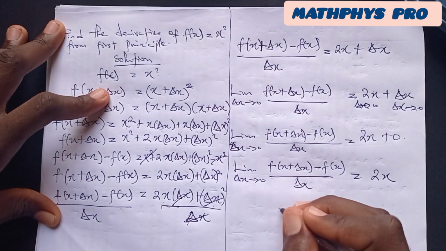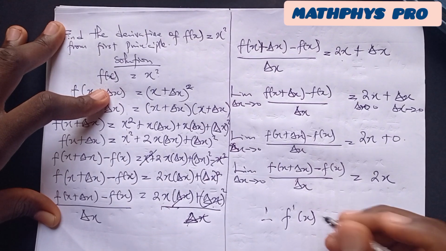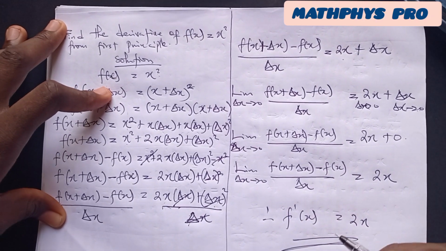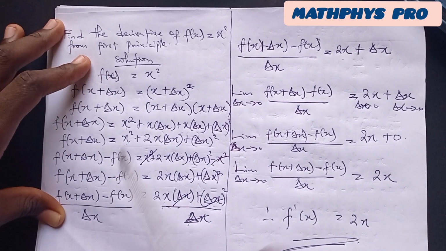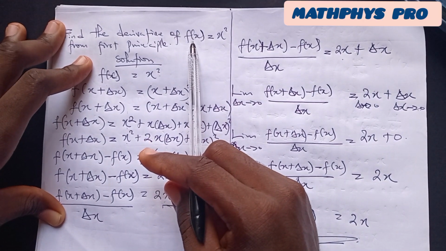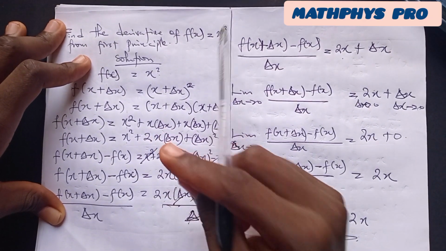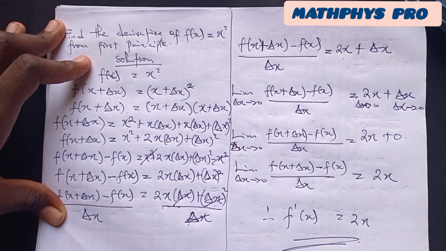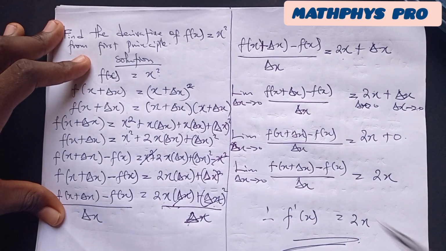This means that the derivative of f of x is equal to 2x. So if you differentiate x squared using first principle method, it will give you 2x. In our next class we'll talk about other methods of differentiation, including the general method.